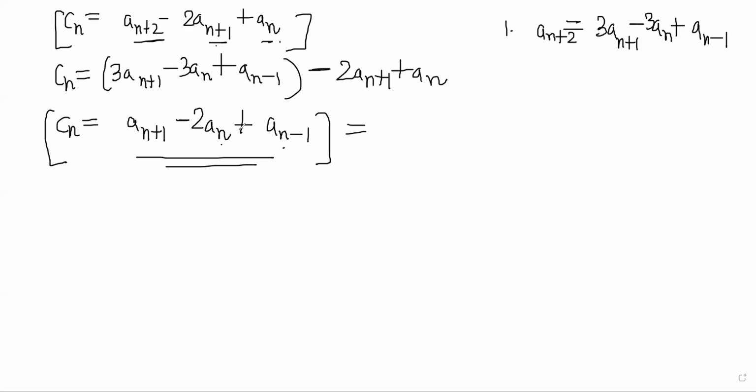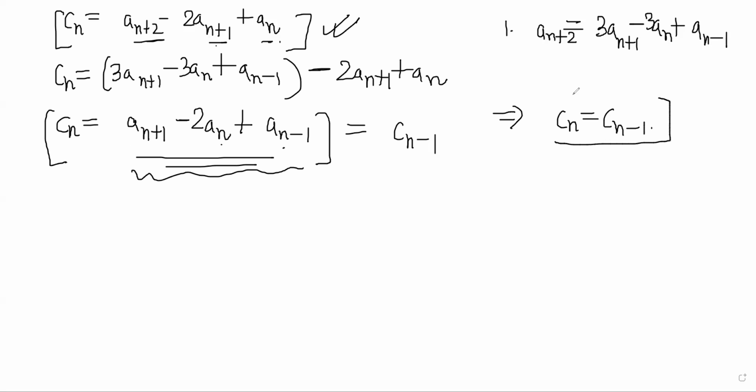So this implies that this stuff is basically C of n minus 1, right? If you see this condition, from here C of n minus 1 would have been this. And we are basically getting Cn is equal to C of n minus 1, right? So Cn is a constant sequence.